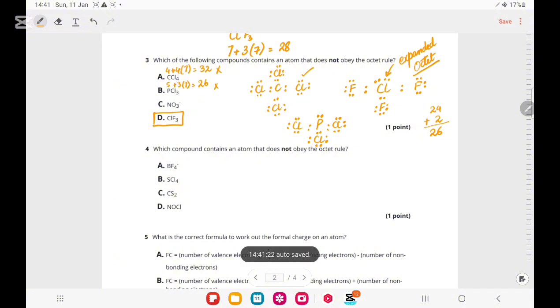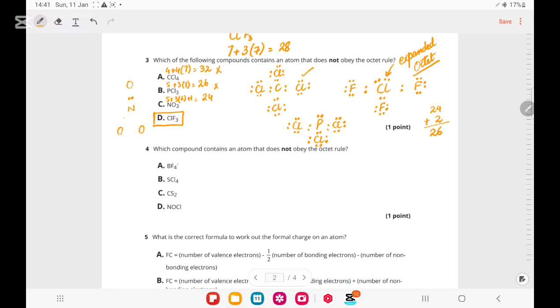Similarly, if we see NO3 minus, then it is going to have 5 electrons plus 3 times 6 plus 1. So this one would become 24 electrons. And now nitrogen is like this. Oxygen comes here, oxygen comes here, oxygen comes here.